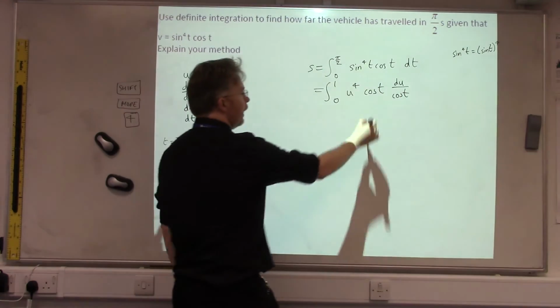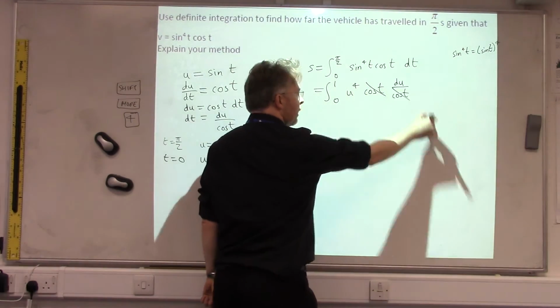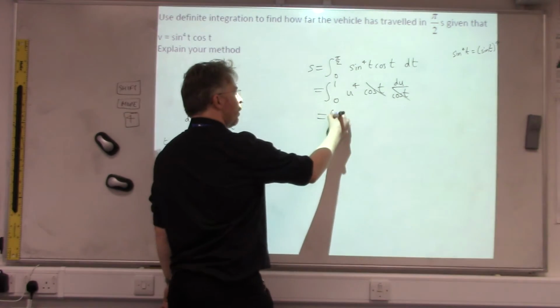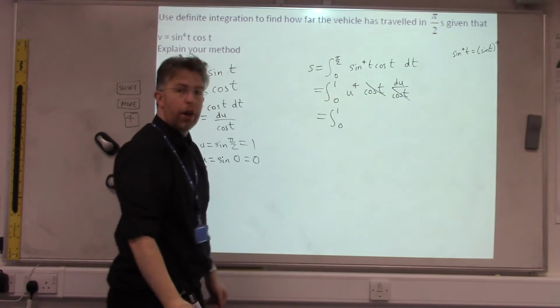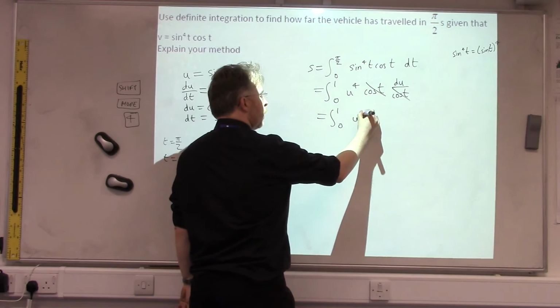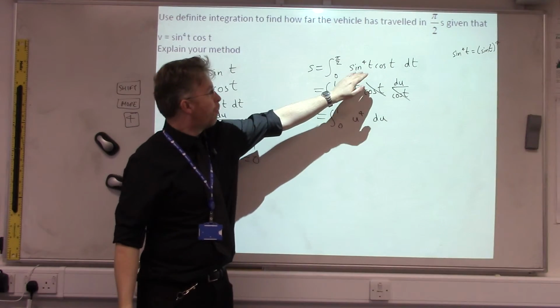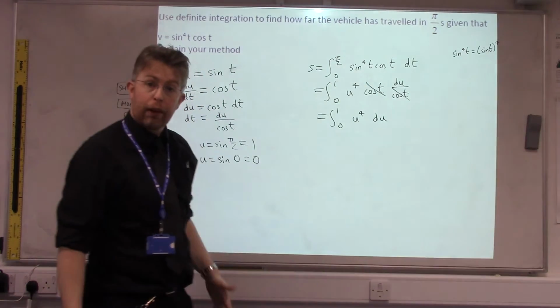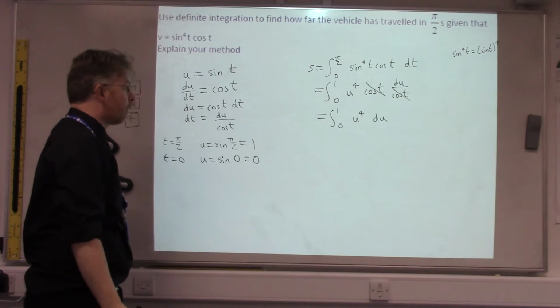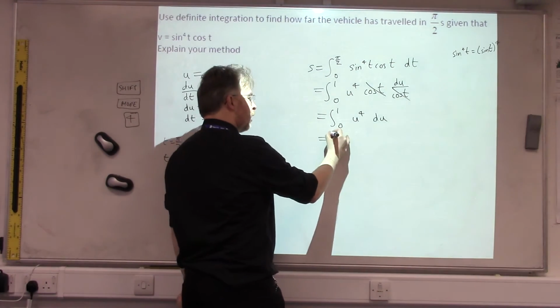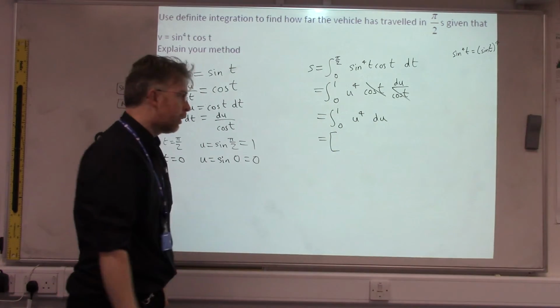But the cos t's cancel, because cos t divided by cos t cancels, so we get the integral between 0 and 1 of u to the power of 4 du. And that integral is much easier than the integral we started with, which is the point of doing integration by substitution. Now we can integrate using the normal polynomial rules.